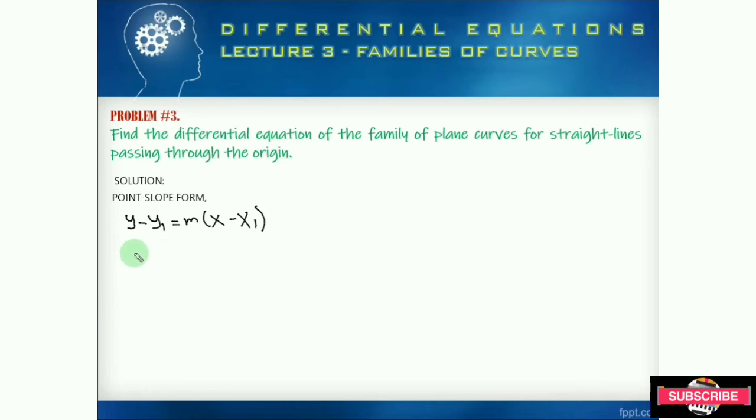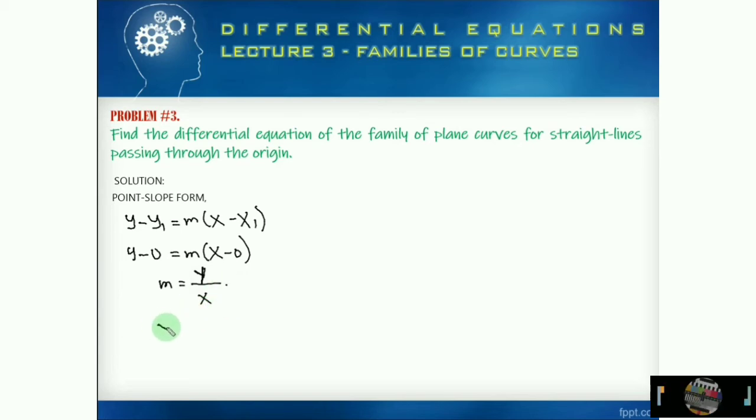But in case your center is located at the origin, your equation will be y minus 0 equal to m times x minus 0, or simply m is equal to y over x.